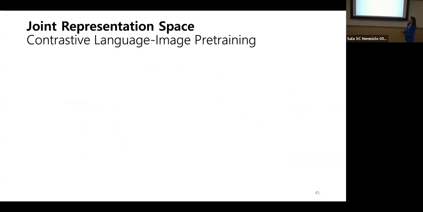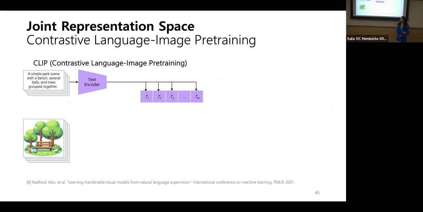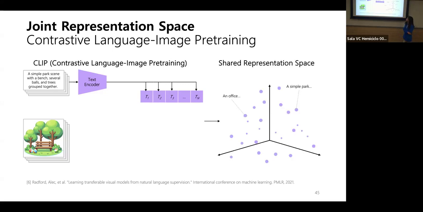In parallel, other researchers proposed a model that learns this joint representation space between vision and language, called CLIP, for contrastive language-image pre-training. CLIP was trained using a large-scale dataset of image and text pairs. Basically, we train a text encoder to produce text embeddings, and we also do the same for the visual information with the images.